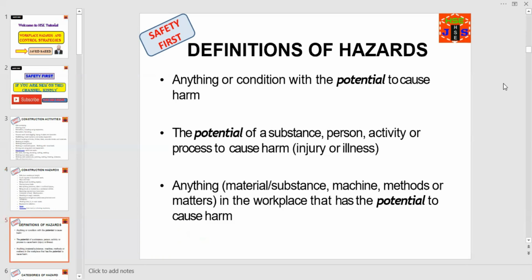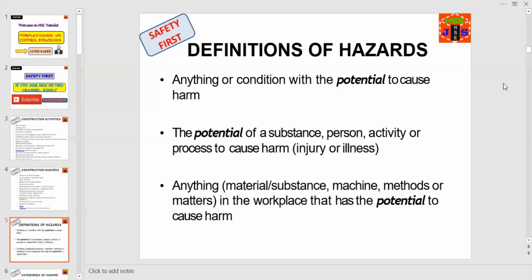We already discussed the construction activities. We already discussed the construction hazards. But today I'm trying to help you understand the simple definition of hazard. Anything, a condition with the potential to cause harm is a hazard. Another definition: the potential of a substance, person, activity, or process to cause harm, injury, or illness.